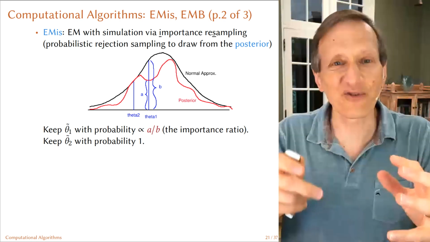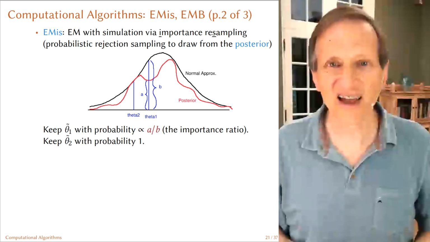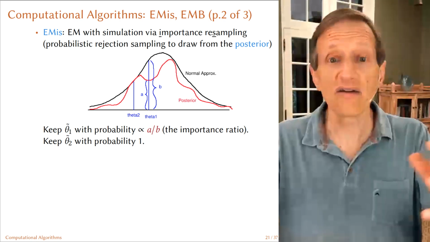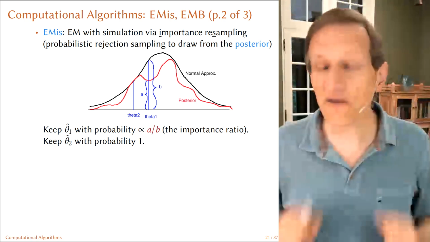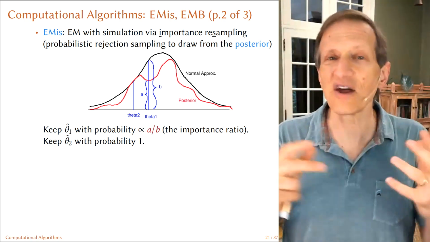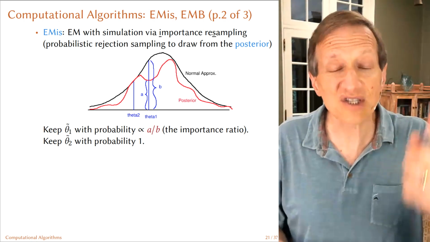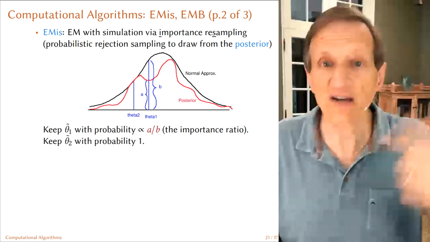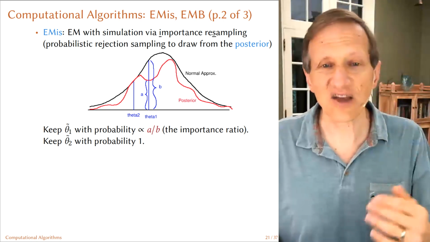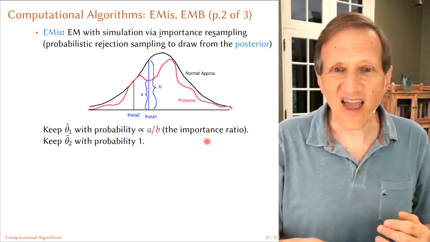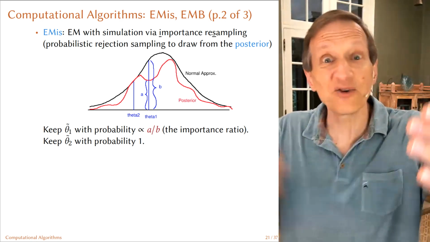So I did this for 2 values of theta, which we might happen to draw from the normal distribution. If we draw from the normal distribution and do nothing else and just keep those draws, we will recreate the normal distribution. So instead we're going to do this probabilistic rejection sampling. Actually, let me give you a simpler case.